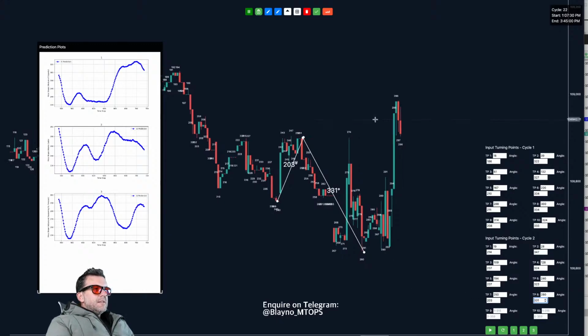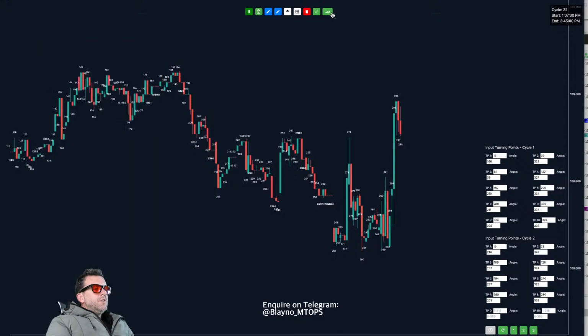Okay, so now that the market structure has been updated, I'm going to put the new forecast out and then open up a trade on it. So my objective for today is to open up a trade on every turning point according to the model forecasts, and then see at the end of the day how profitable or not the AI model was.